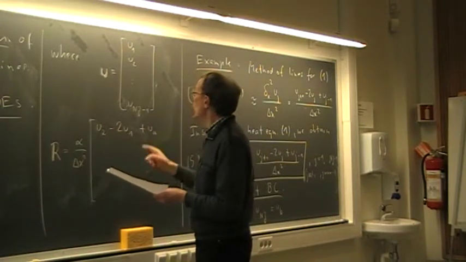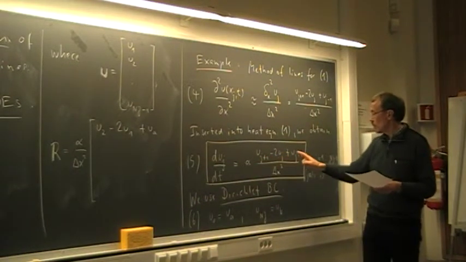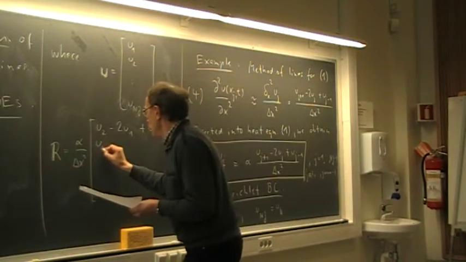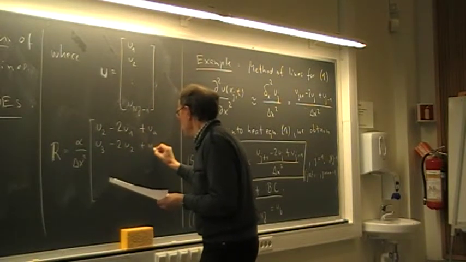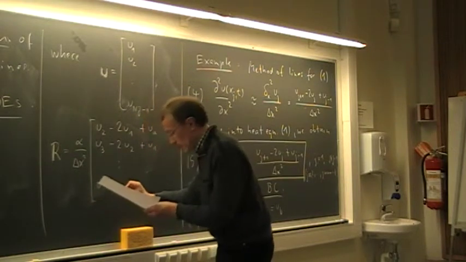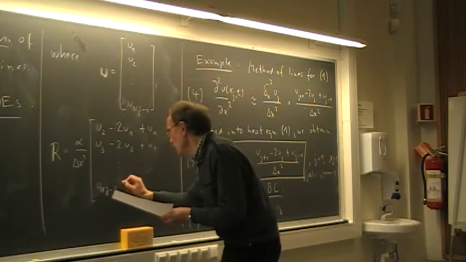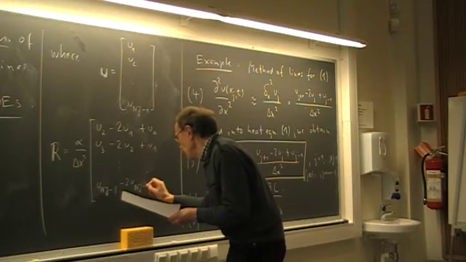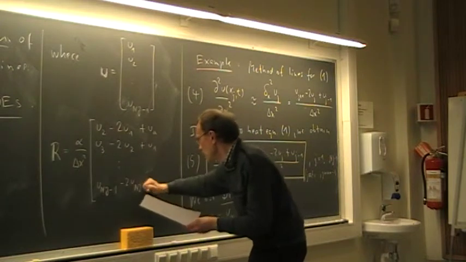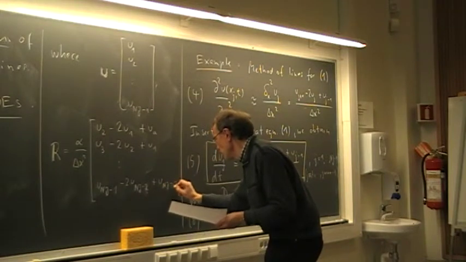So then we get u2 minus 2u1, and here we use the boundary condition. The next one, for j equal to 2, will be u3 minus 2u2 plus u1. And that will continue all the way until the next-to-last one, at nj minus 2. Then we get unj minus 1 minus 2u nj minus 2, plus u nj minus 3.